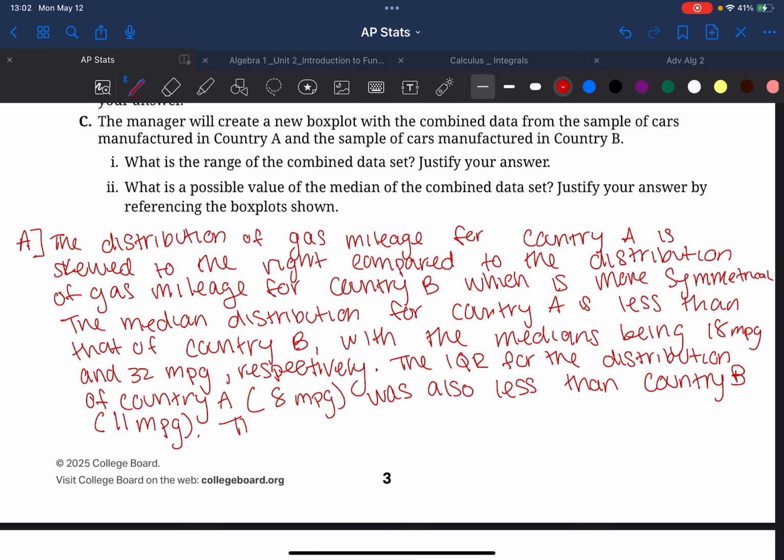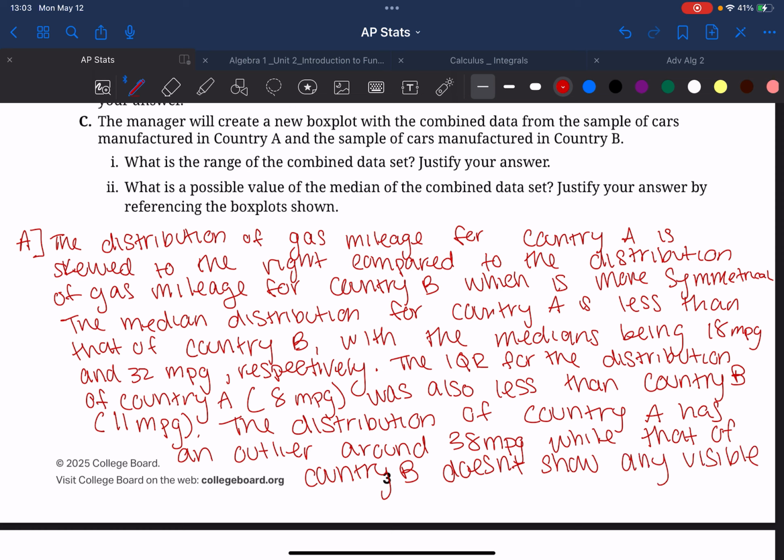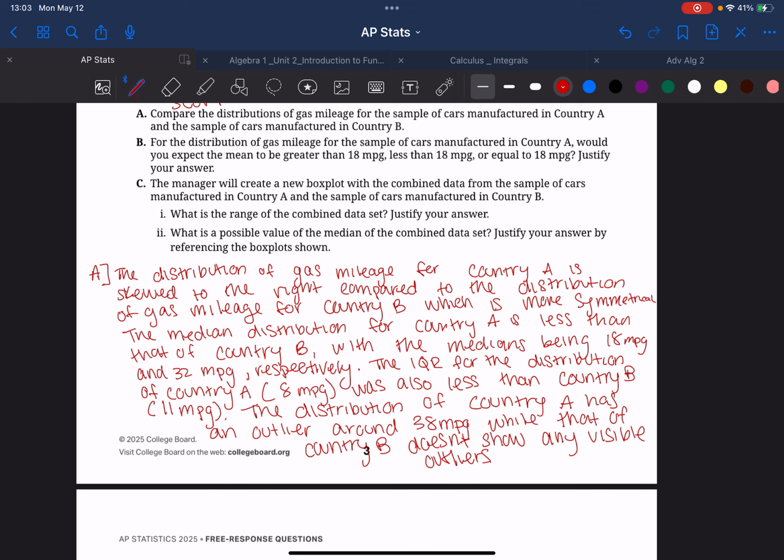The distribution of country A has an outlier around 38 miles per gallon, while that of country B doesn't show any visible outliers. So that would be my answer for A and how I would answer A.